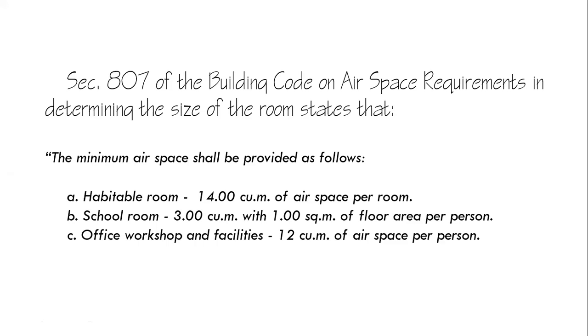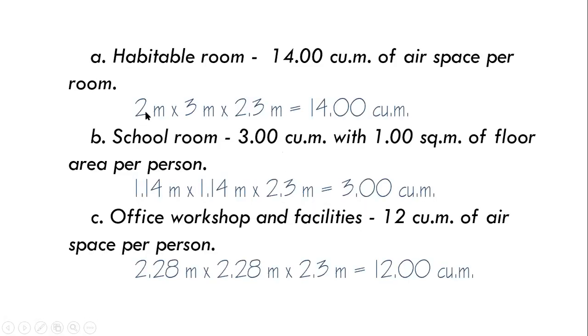For the habitable room, the airspace requirement is a volume, so it involves the clearance on the height of the specific area. If the habitable room requires 14 cubic meters of airspace per room, that is 2 meters by 3 meters by 2.3 meters.